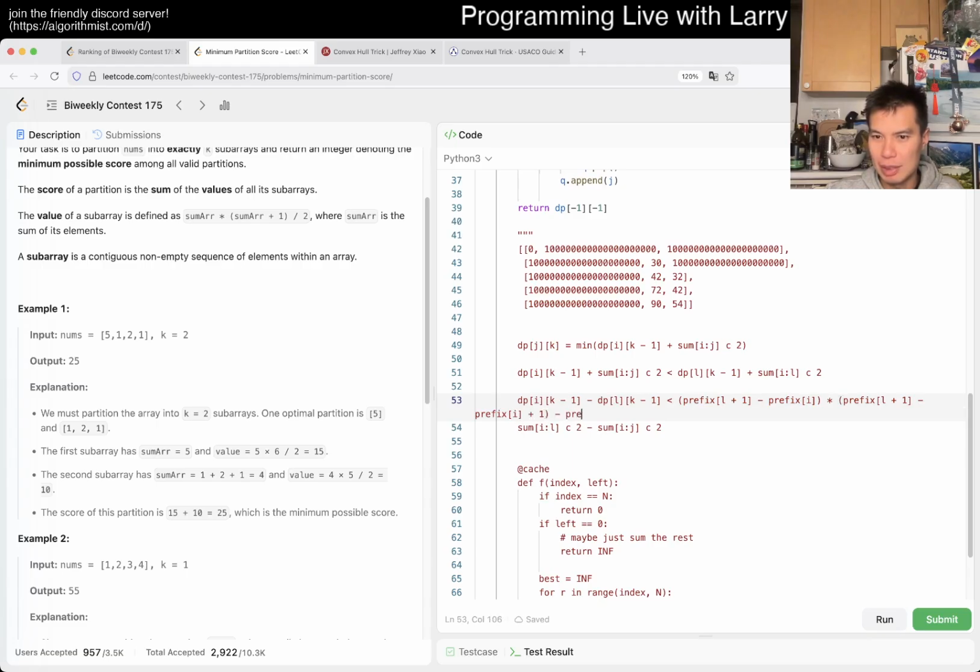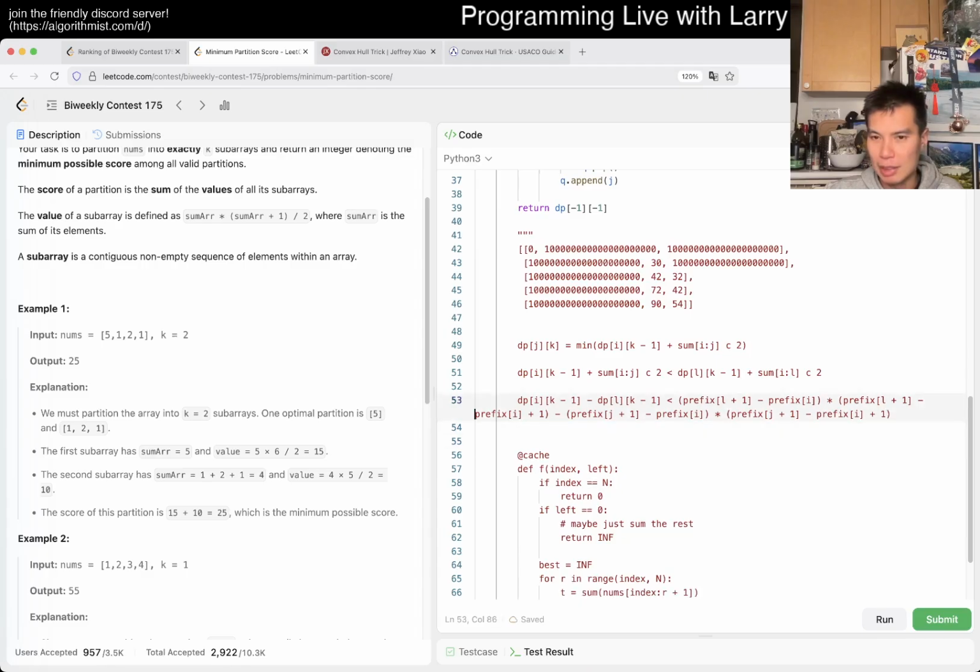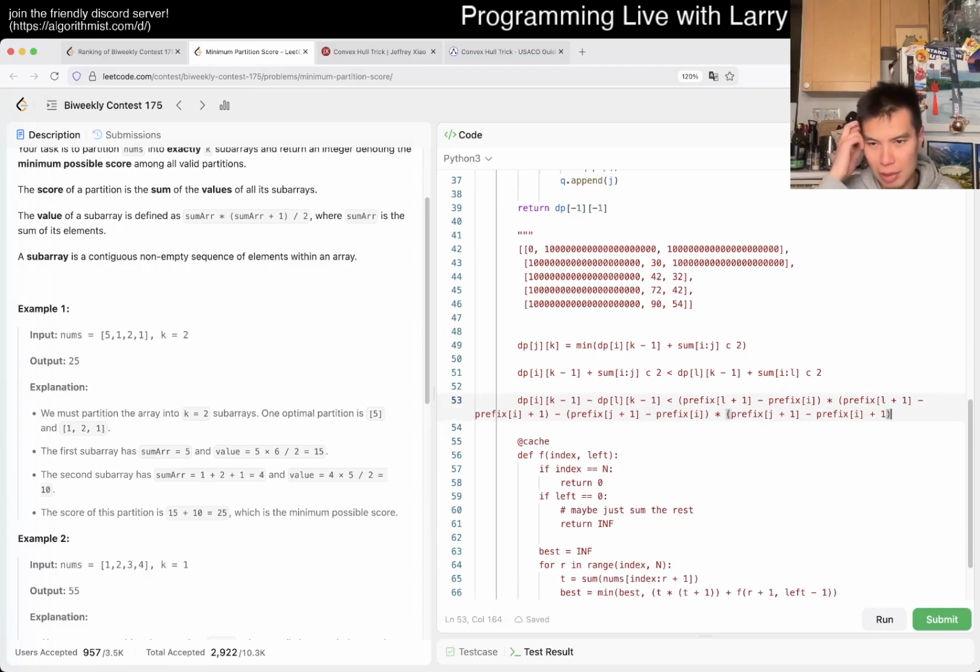Minus prefix of j plus 1 minus prefix of i times the same thing. I was hoping some stuff would cancel out and I didn't see it. That's why I was a little bit confused and still am maybe, right? So let's just say this, right? We'll ignore the 2 for now. We divide 2 on both sides. It's fine, whatever.